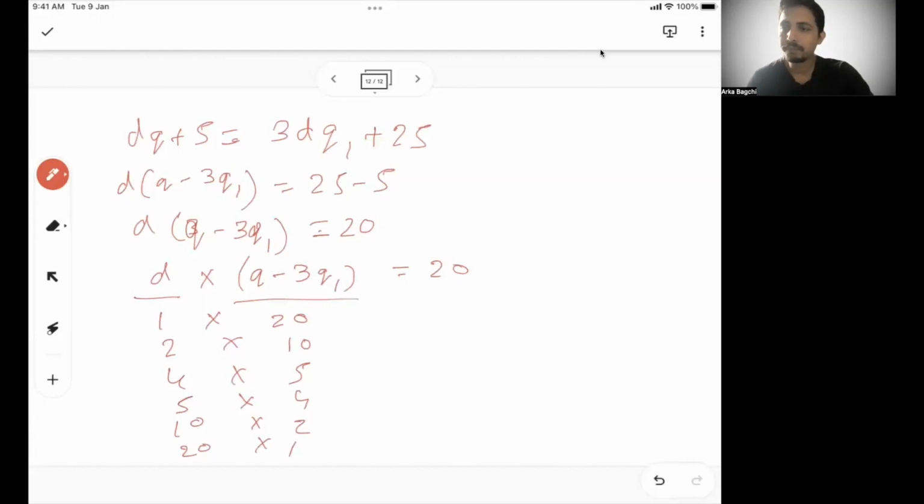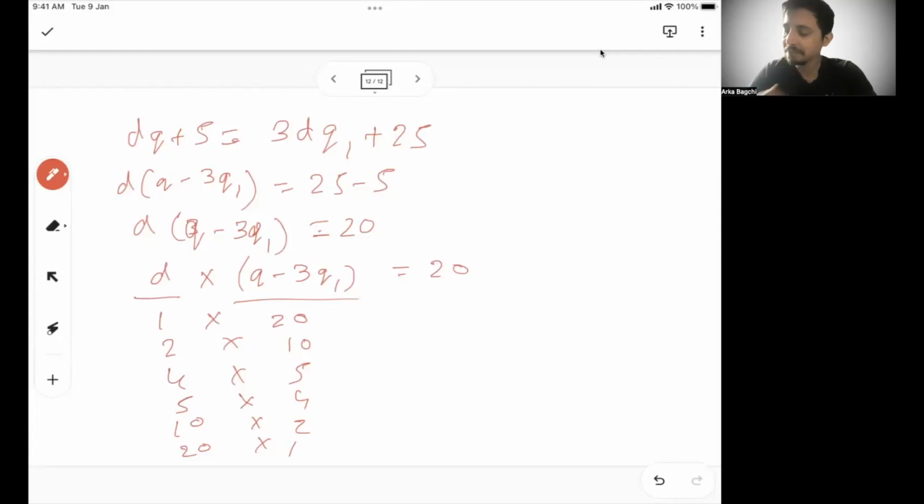But from here, can you identify what are the feasible values of d? Not all of these are feasible. This is an indication. Why are not all of these feasible? Because when you are dividing a number by d, it is giving a remainder of 5. So d itself should be more than 5.